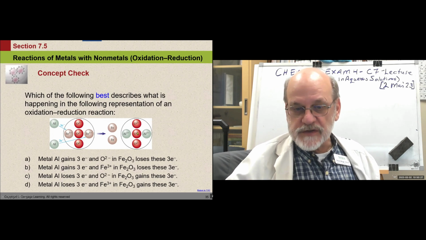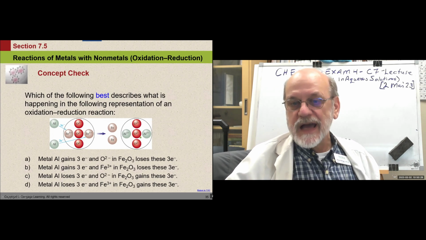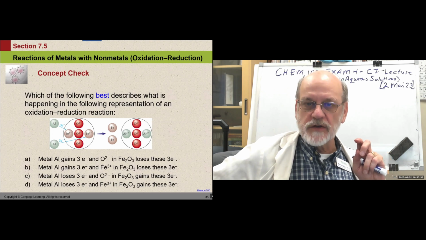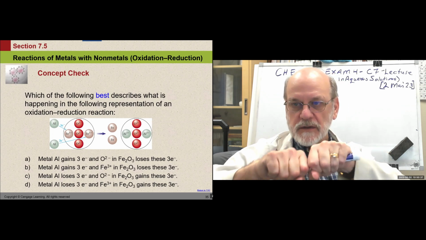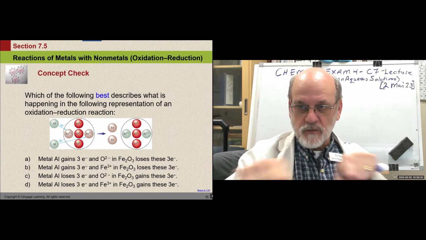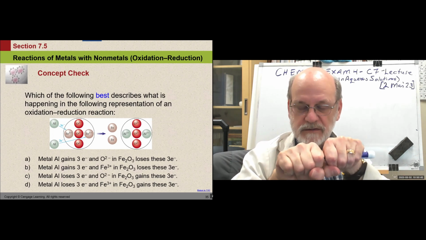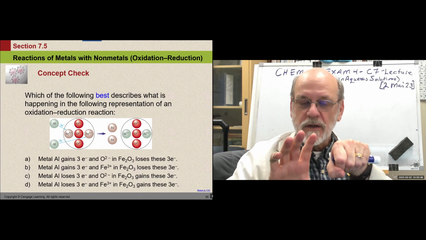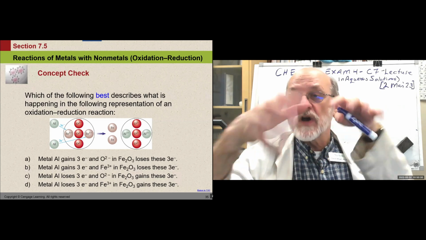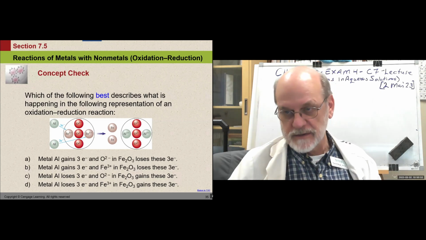And what it produces is iron metal and aluminum oxide. So you may see this used to weld railroad track together. They'll have the railroad track right up against each other, and then they'll cover it in this mixture, and then they'll also cover it in sand and a shroud, right?